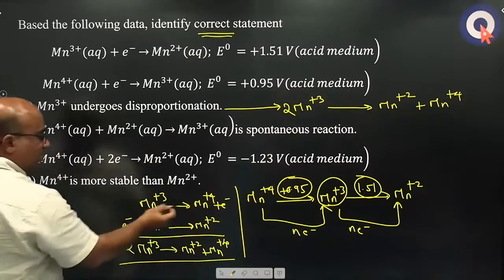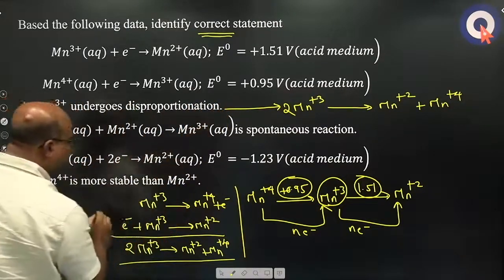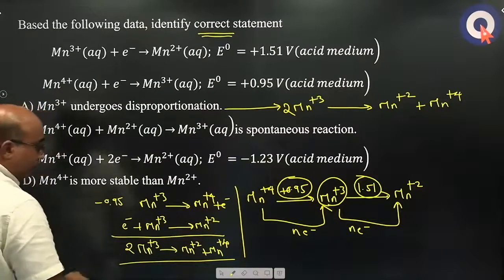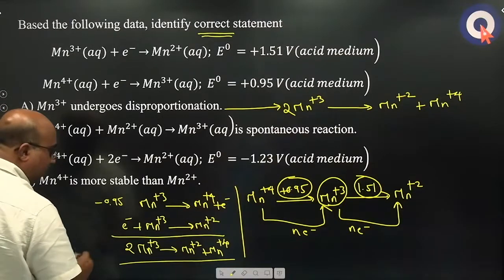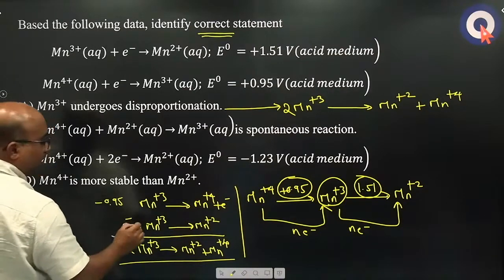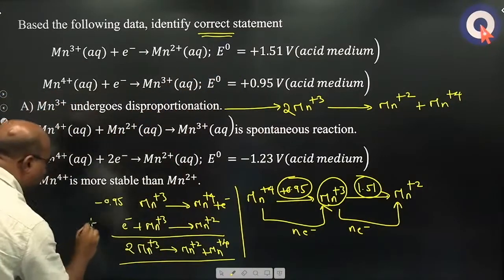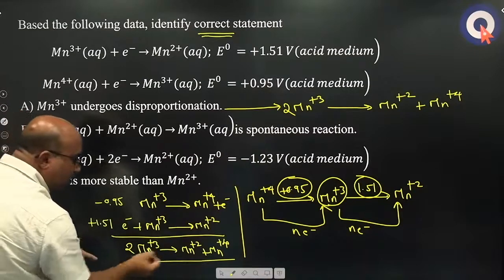So what is this one? This one is plus 3 to plus 4, meaning it is a negative value, so I take it as minus 0.95, with 1 electron. And then plus 3 to plus 2 is plus 1.51. How many electrons are involved in this reaction?